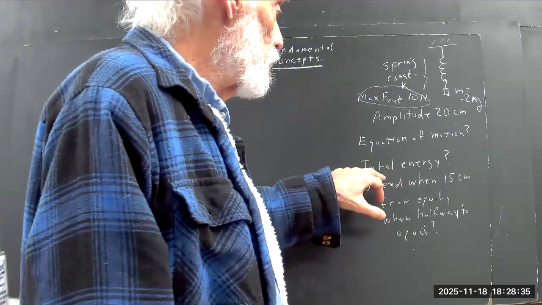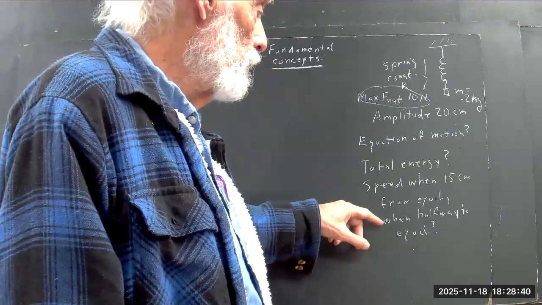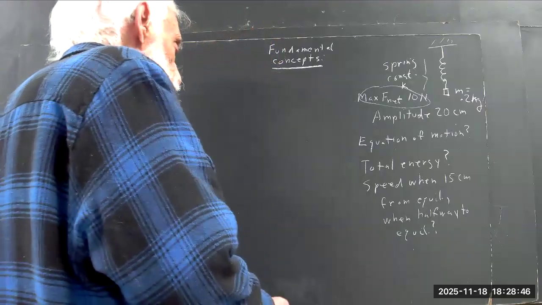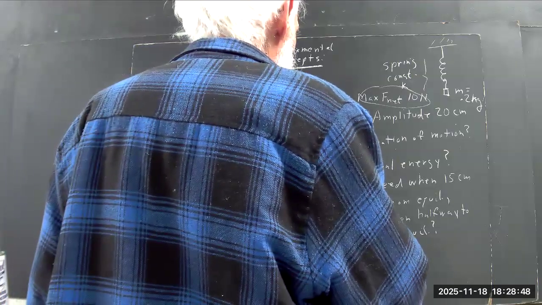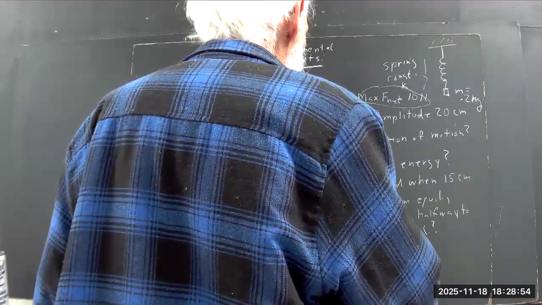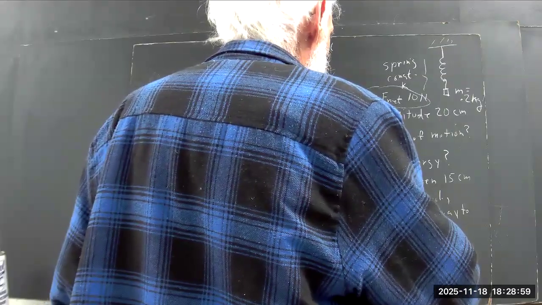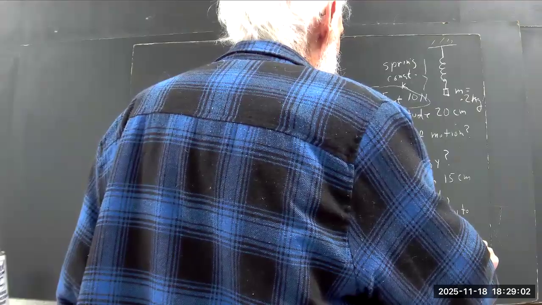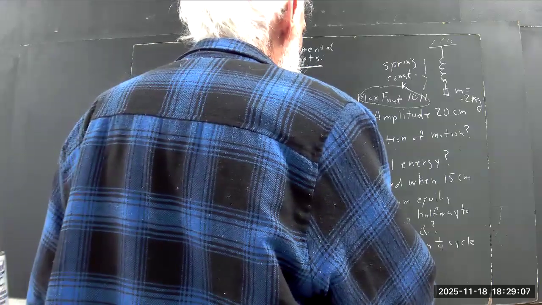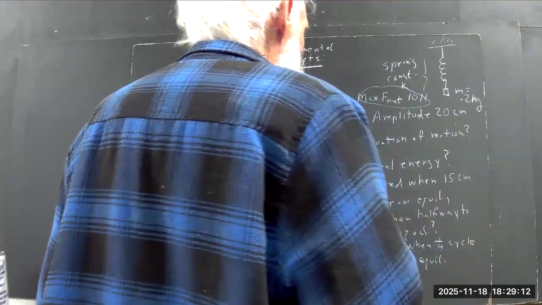Okay, what's the equation of motion? What's the total energy? What's the speed when it's at 15 centimeters from equilibrium? When it's halfway from equilibrium? And when it's at a quarter cycle, at the equilibrium?